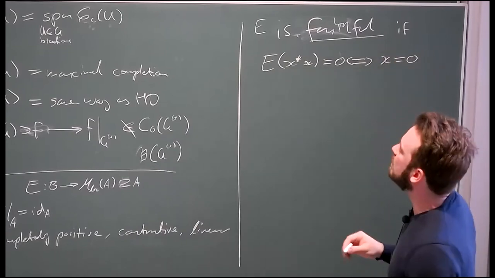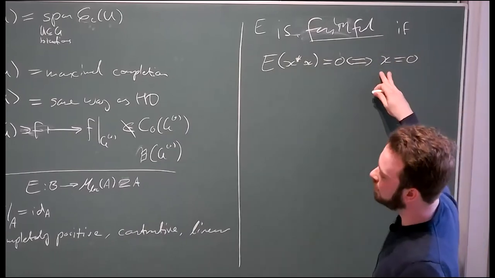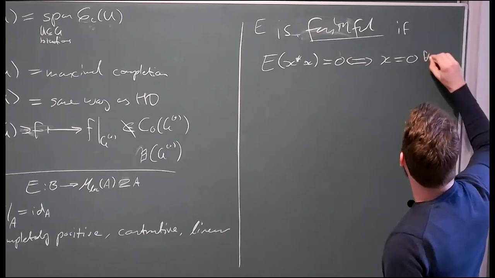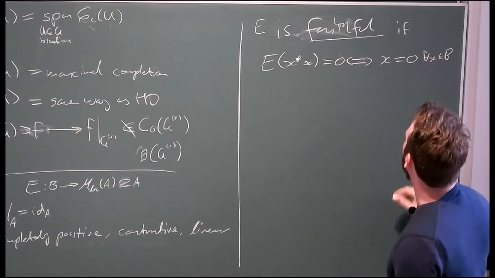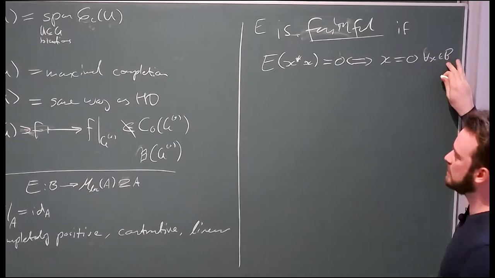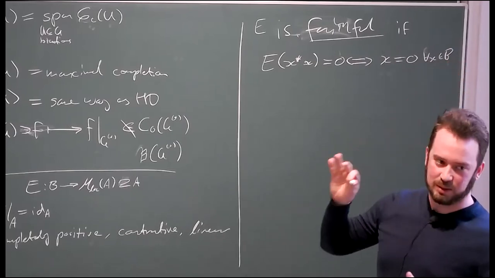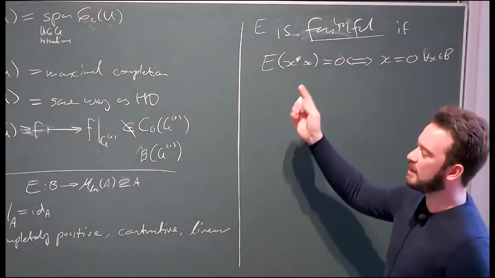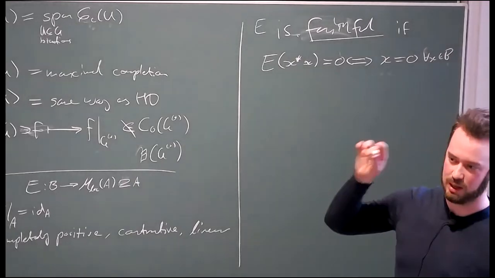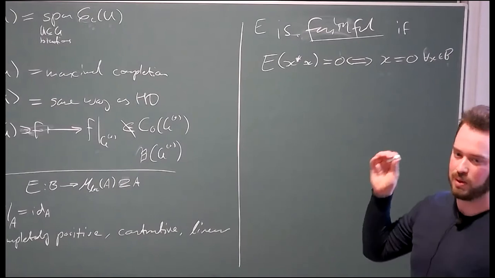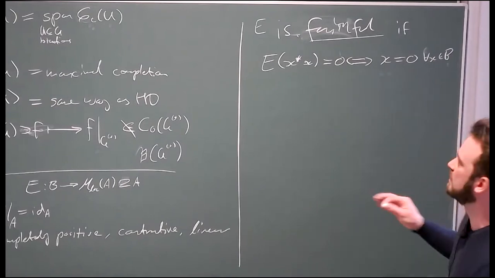So what it should say is, if I want to know if an element x of B is 0, I should be able to take this x, multiply it by x star, take the conditional expectation, and detect whether it's non-zero. This is the sense of faithfulness.